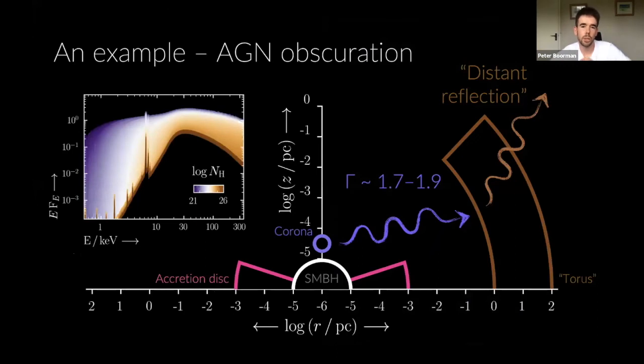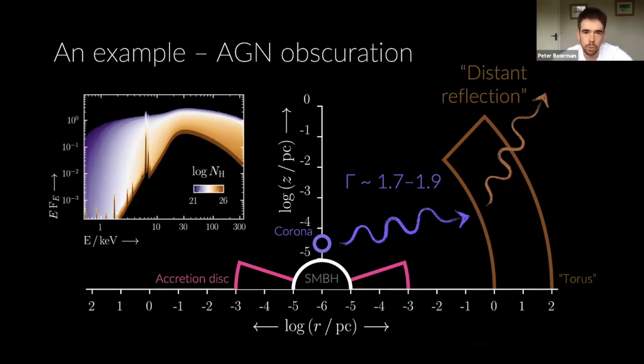So just to go back to the same example that I mentioned yesterday, just because it's the one I'm most familiar with, so sorry if people don't like that. In terms of AGN obscuration, the idea is that you have this X-ray source very close to the supermassive black hole, emitting some sort of emission that can be approximated with a power law.